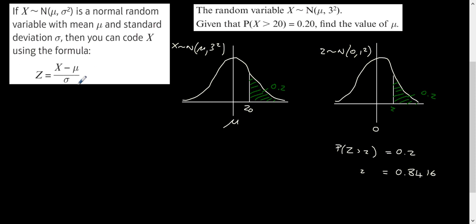They have the same proportions. So I'm going to use this conversion formula, z equals x minus mu over sigma. And I'm going to substitute the information that I know. So z is 0.8416. Remember, this is the z value from the z distribution. X is the 20. That's the value that the 0.8416 maps to. Mu is our unknown, and sigma is 3.